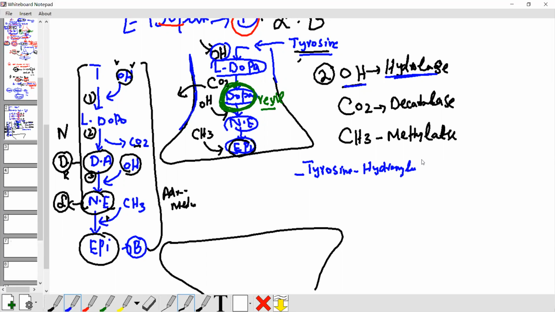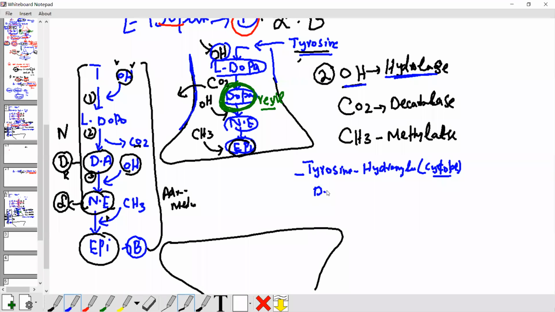This hydroxylase is present in the cytoplasm. Okay. Another hydroxylase, dopamine hydroxylase. Which hydroxylase? Dopamine hydroxylase.